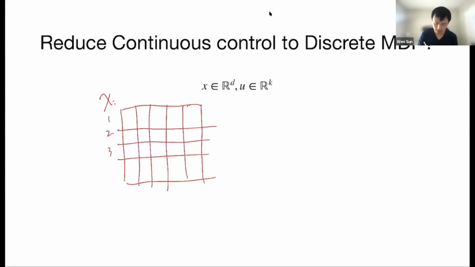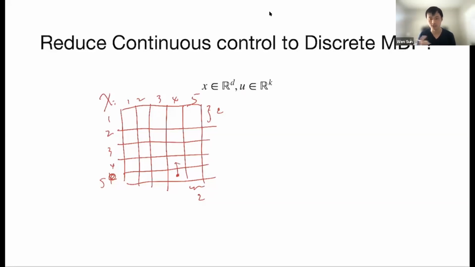And I label it 1, 2, 3, 4, 5. Let's say I discretize it with some fixed accuracy epsilon. This is epsilon, and this is epsilon. Now I can basically reduce this 2D problem into a Markov decision process that contains 25 states, and I can start writing down the transition probability, like what's the probability of transitioning from this state to that state by taking a particular action.